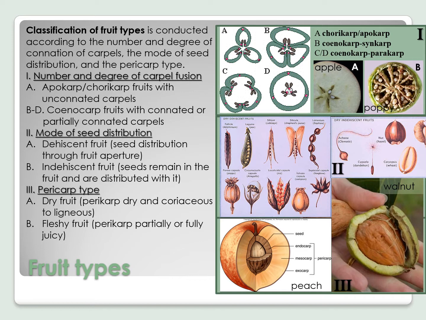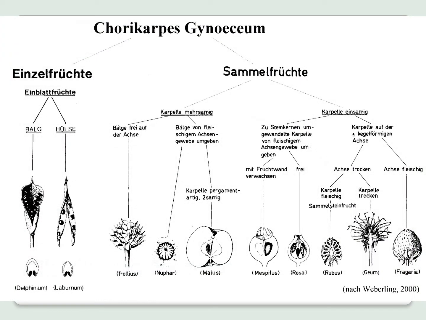The third classification is according to the pericarp type, which can either be a dry fruit, that is, the pericarp is dry and coriaceous to ligneous, or a fleshy fruit with a juicy pericarp. Here the combination of the 3 different fruit classification schemes.